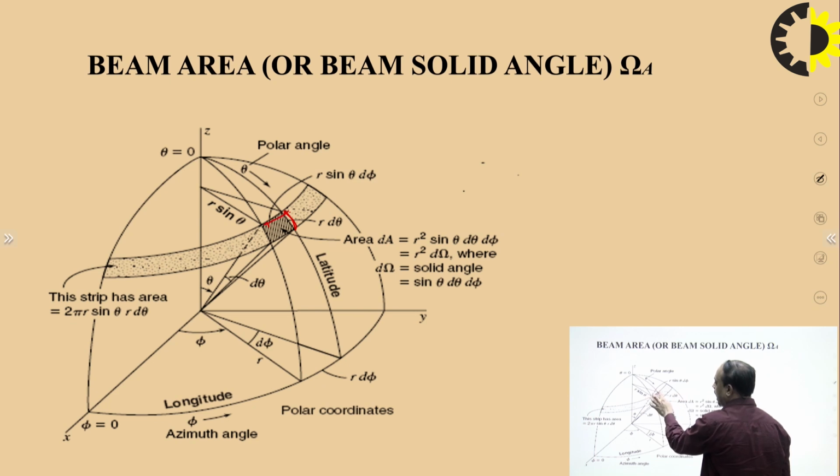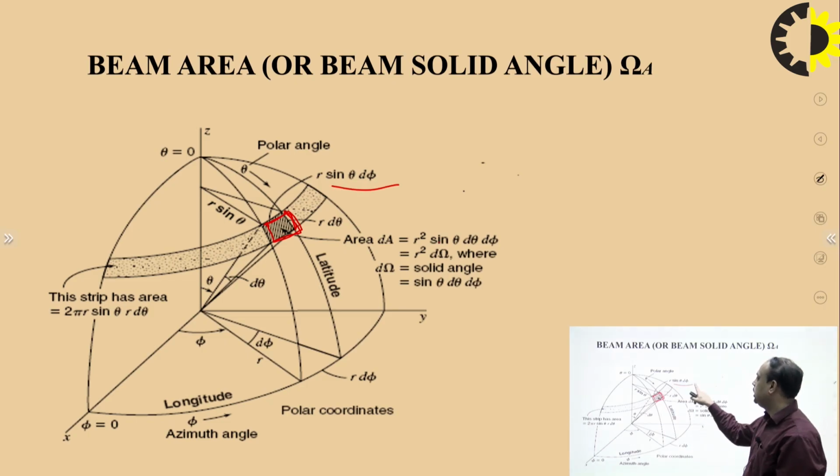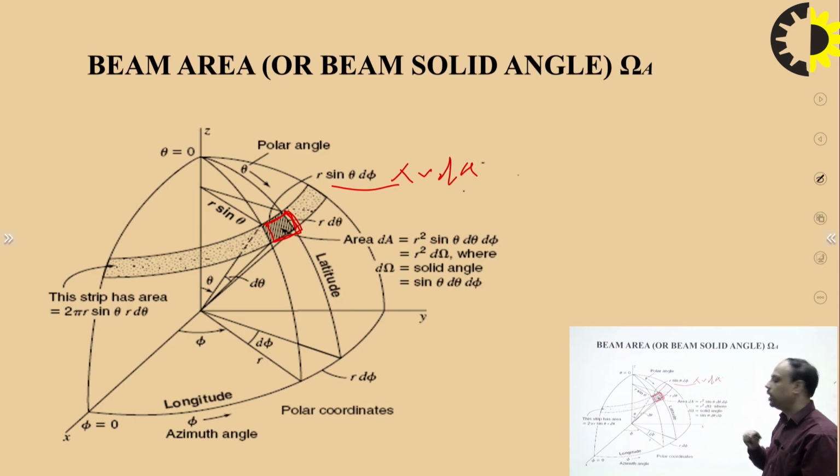This area is known as the beam area, and it is r sin theta multiplied by r d theta, that is r squared sin theta d theta d phi, or we can represent it as r squared d omega, this value is d omega.